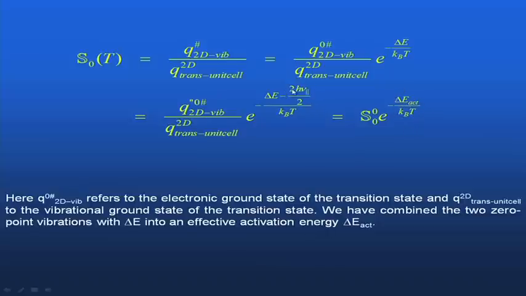So, you see we have combined this delta E with 2 0-point vibrations, because 0-point vibration is h nu divided by 2, half h nu into 2. So, we are referring to 2 0-point vibrations, because in the 2-dimensional case we have converted your 2 vibrations into translation.